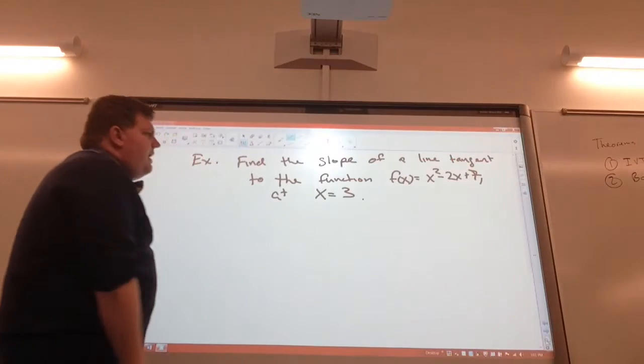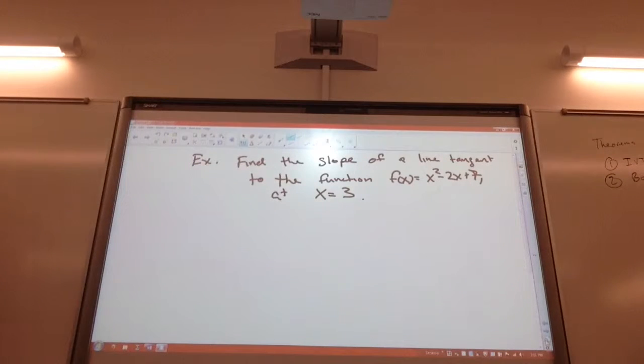And so we're going to use the definitions we just learned. Now, which one do you think I should use here? The first definition or the second? Second. Why the second? What have I been given?